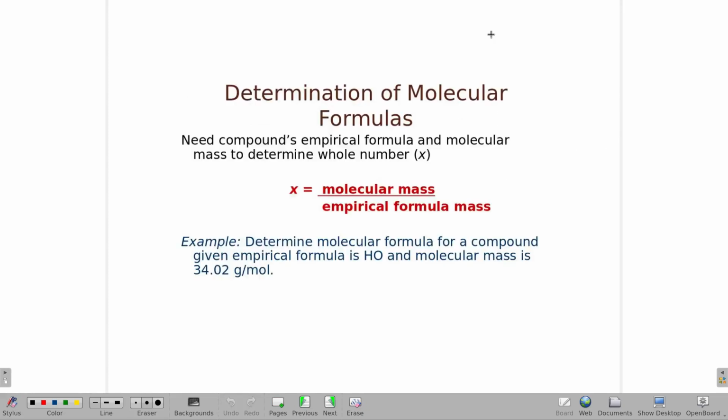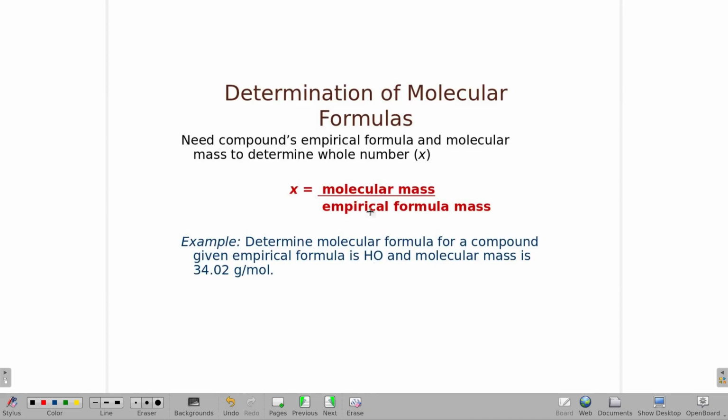If I need to get the molecular formula, I need the molecular mass. Alright, here's how we go about using it. Let's pretend like we happen to know an empirical formula of a compound is just HO. But we also happen to know it has a molecular mass of 34.02. How can I use that to get the molecular formula? Well, I'm going to get a nice little whole number ratio.